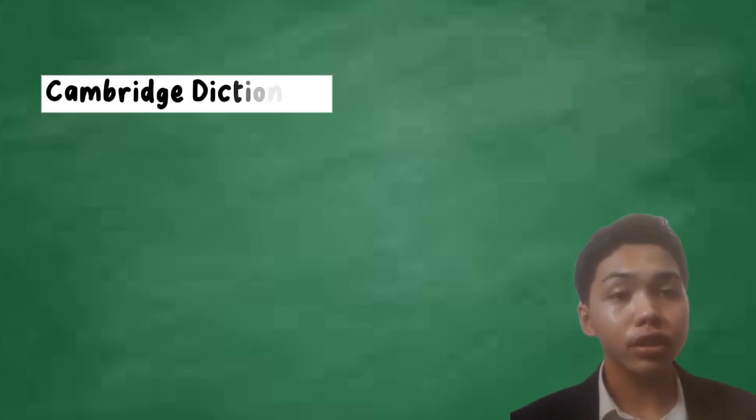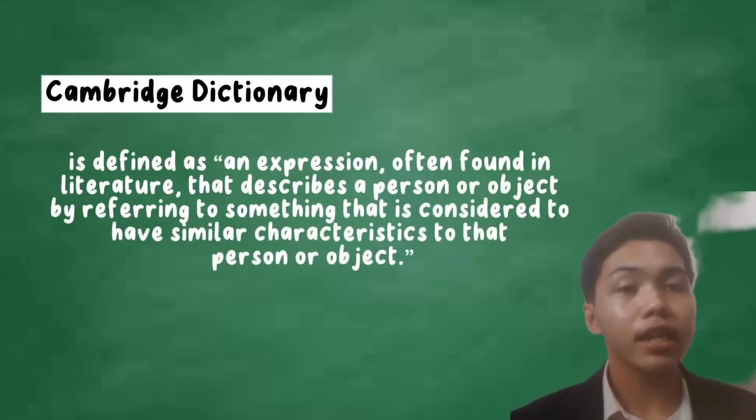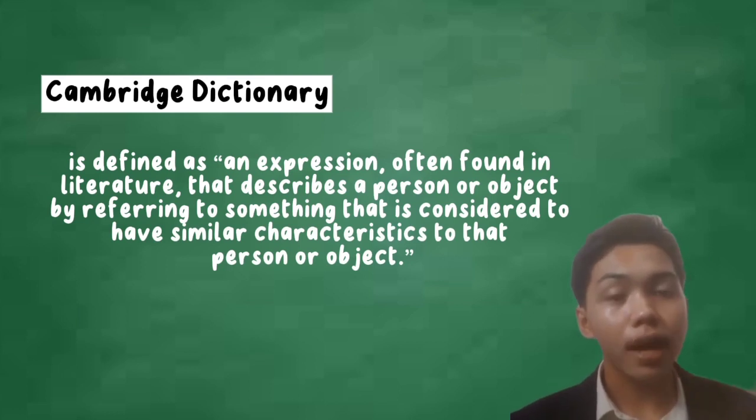So now, let us also take a look at how different dictionaries define a metaphor to have a clearer understanding of the same. A metaphor, according to the Cambridge Dictionary, is defined as an expression often found in literature, that describes a person or object by referring to something that is considered to have similar characteristics to that person or object.